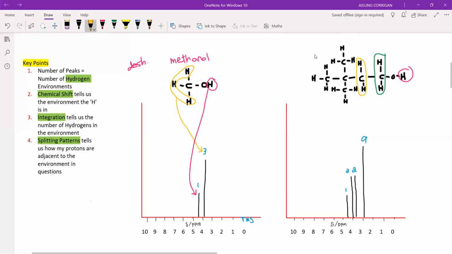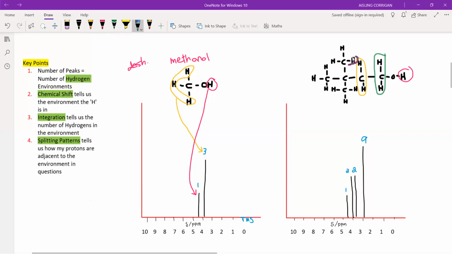So an NMR machine will not detect carbon. It will, however, detect the hydrogen environment. So looking at the methyl groups bonded to this carbon, this hydrogen is bonded to this carbon, same as these, same as these, same as these. All of these hydrogens are experiencing the same environment.